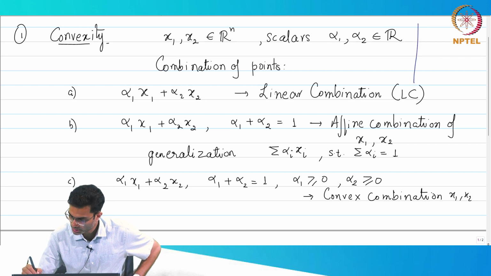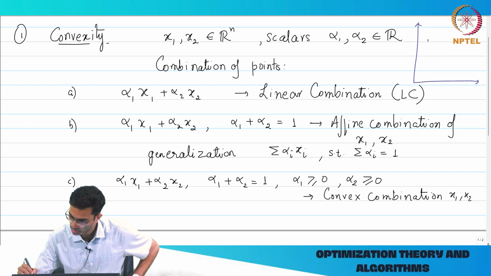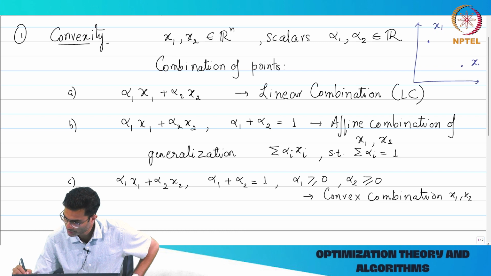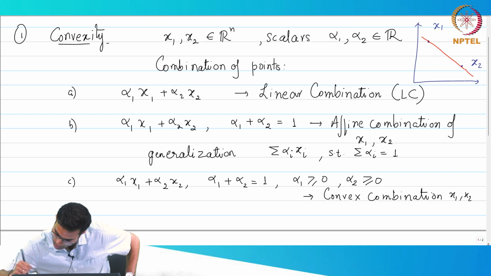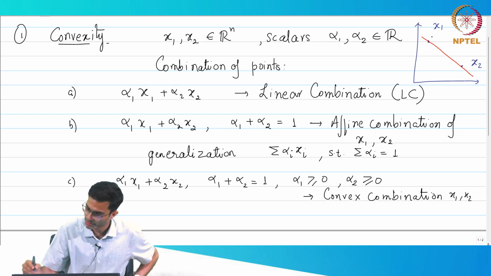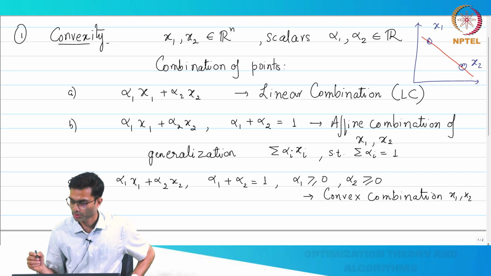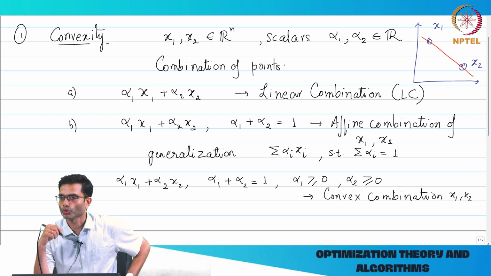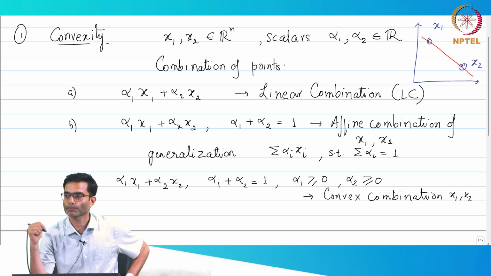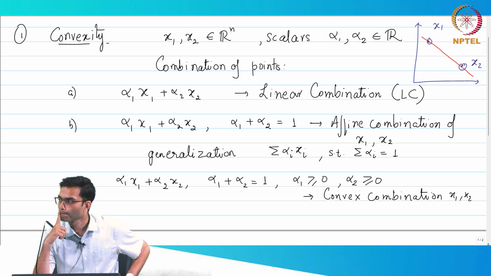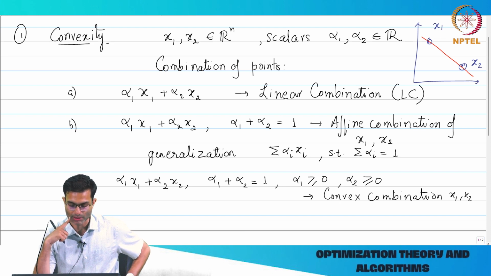So if I were to draw this, this is my x1, this is my x2, and this is a line running through these points. Okay. So now it's easy to visualize this. When I talk of affine combination, where can the points be? Affine combination means the sum should be 1, but alpha 1 and alpha 2 can be negative also, right?